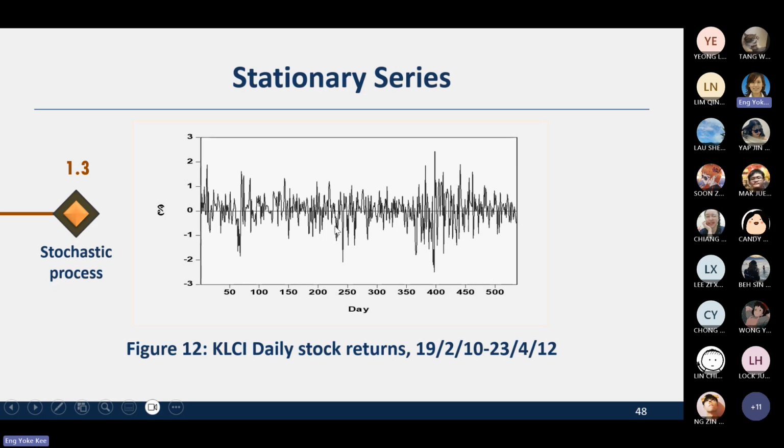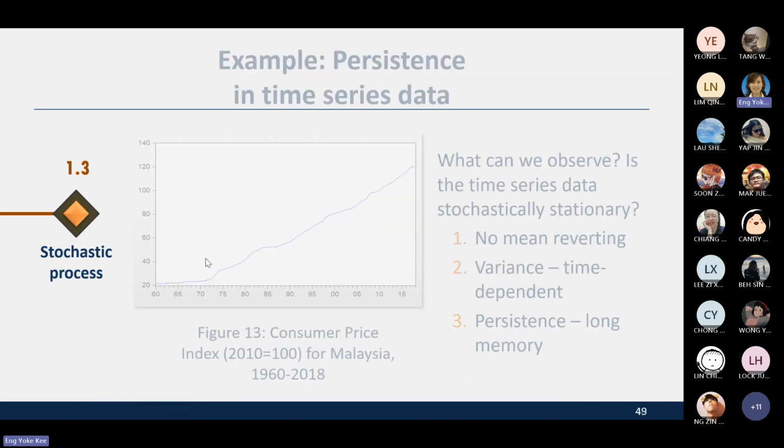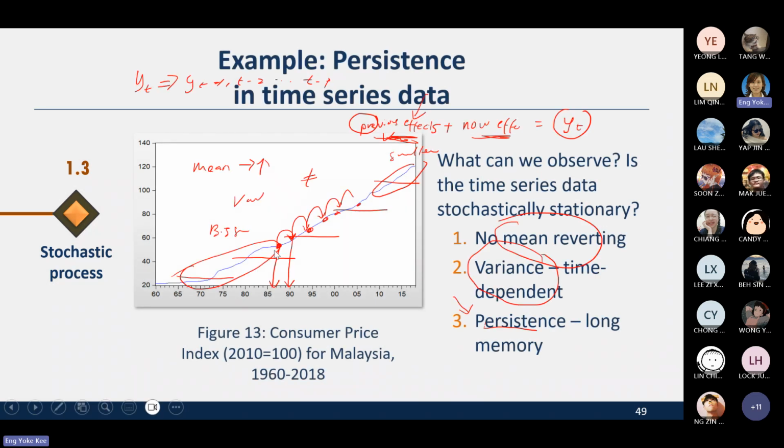I analyze sample 1, you analyze sample 2, the result will not run far away. But if my series is non-stationary, you analyze period 1, I analyze period 2, you might get different results. Okay, so that is the rationale why we want a stochastic process to be a stationary process.